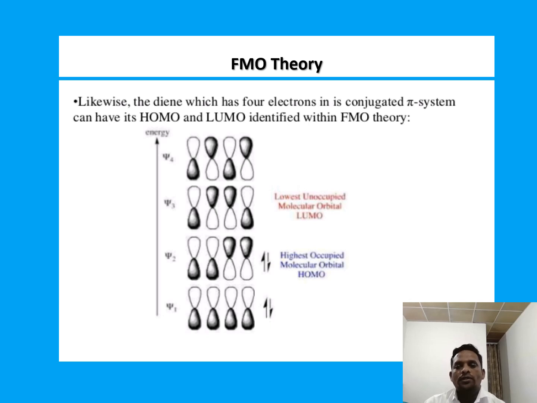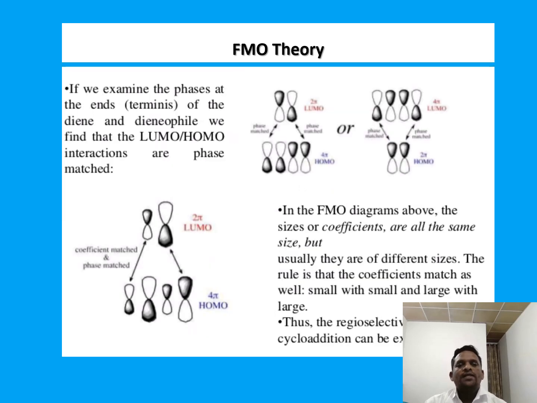If I examine the phases at the ends of the diene and dienophile, we find that the LUMO-HOMO interactions are phase matched. This diagram shows the phase matching of the HOMO of the diene and the LUMO of the dienophile.